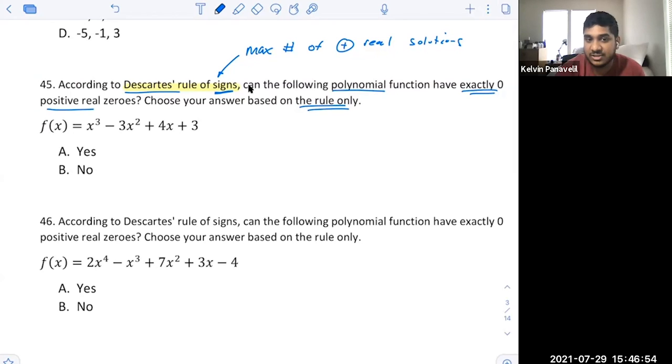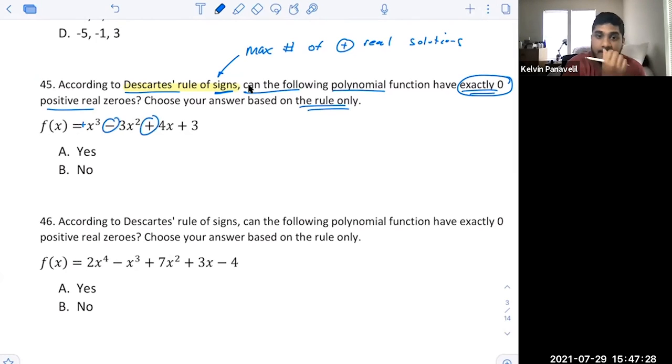So if we have 2 sign changes, the rule is if you have 2 sign changes or 0 sign changes, then this function... So the question is saying, according to Descartes' rule of signs, can the following polynomial function have exactly 0 positive real solutions? We got to figure out, does this have 0 solutions? So the answer is if there are 2 sign changes, going from positive to negative, 1 sign change, 2 sign changes, then the answer is going to be yes.